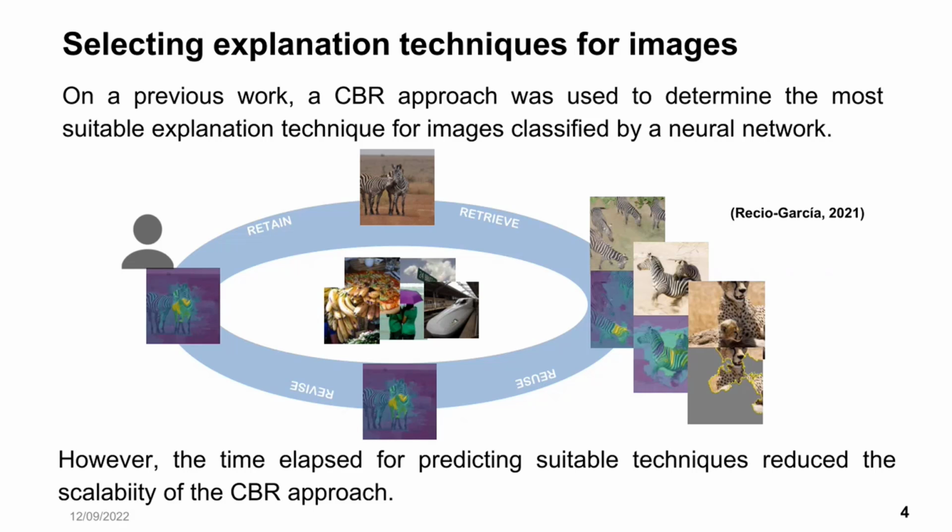And to predict techniques for new images, we looked up which techniques were most suitable for similar cases. However, this process is not scalable to large case bases because during prediction time, similarities have to be calculated between a new image and all the cases in our case base.